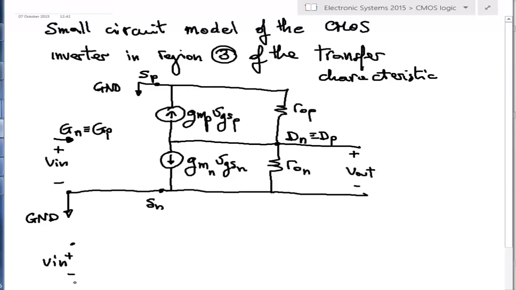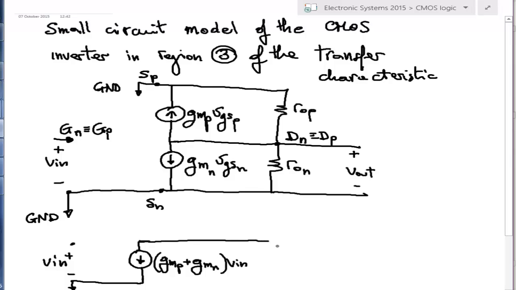We can write a single controlled current generator, which is GMP plus GMN times Vin, and also ROP is in parallel to RON. You see now the circuit is much simpler.